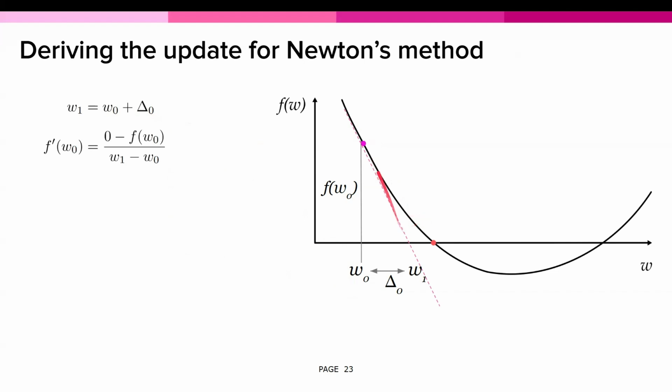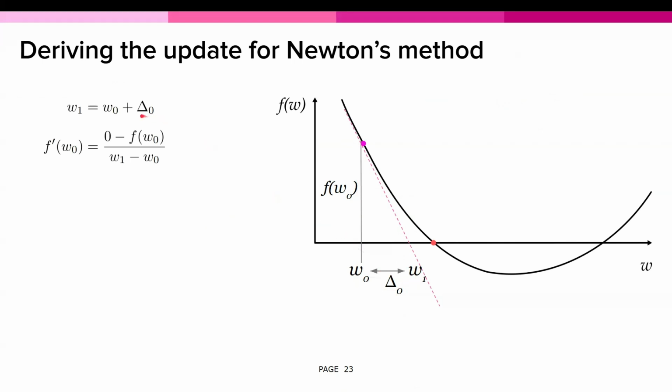The rise in this case is our goal ending height of 0, less our starting height of f of W0. So rise over run, we're ending in 0, and the starting point was f of W0. And then the run is delta 0.